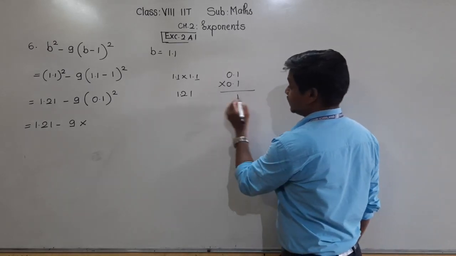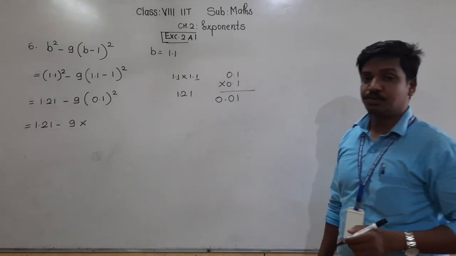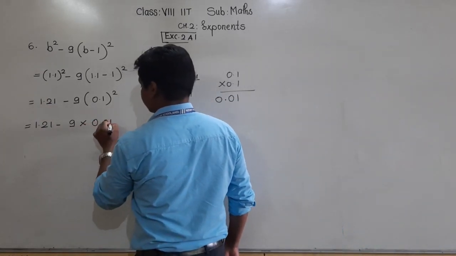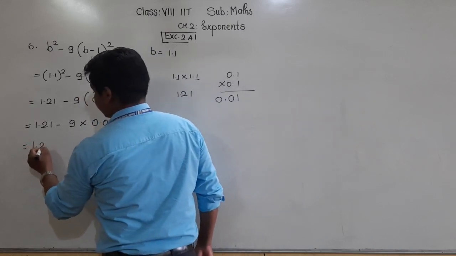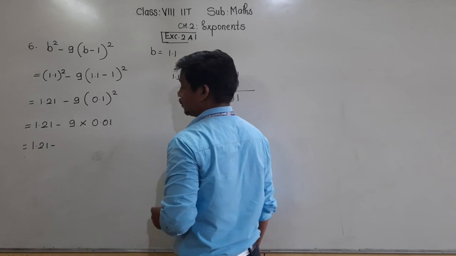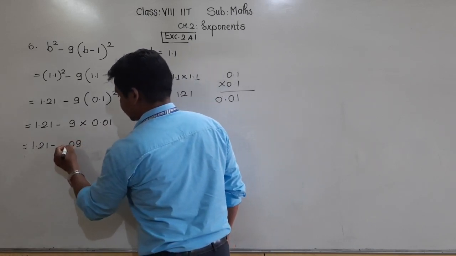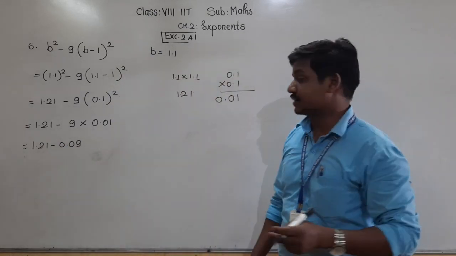Since only 1 digit is there, put 0. So it is 0.01. Again, 1.21 minus 9 into 0.01. 9 ones are 9, 9 zeros are 0. So it's 0.09.